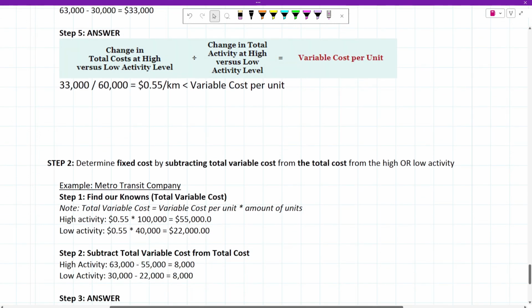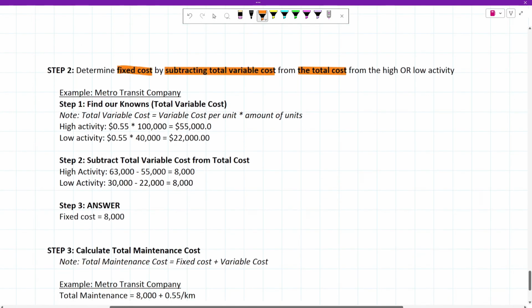So step two, determine fixed cost by subtracting total variable cost from the total cost from the high or low activity. So you guys can see I already did it here. So example for the Metro Transit Company. So find our knowns, our total variable costs.